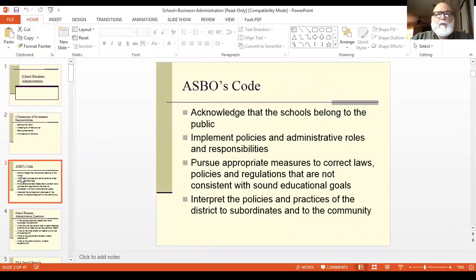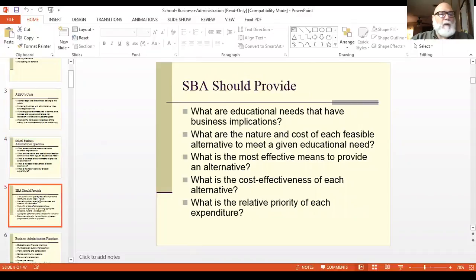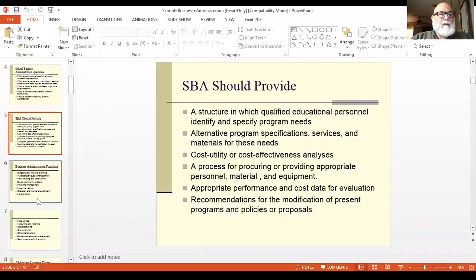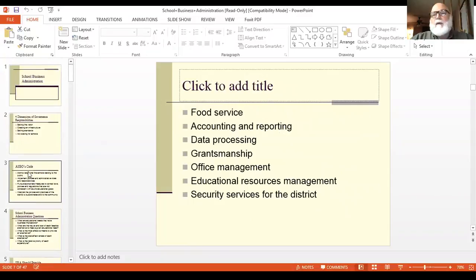It might answer some questions about why people do what they do at the central office. This is how you run a school district in terms of the budget. So if you want to know why decisions are made at the central office in your district, this PowerPoint may offer some insight. But this one is for when you become superintendent.